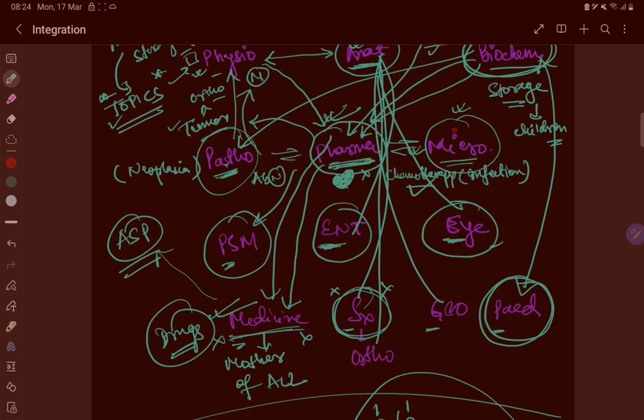In chemotherapy we have studied for microbiology also. The antibiotic stewardship program is for physicians to understand the rational use of an antibiotic, how to use it and when to prescribe it, all in detail.